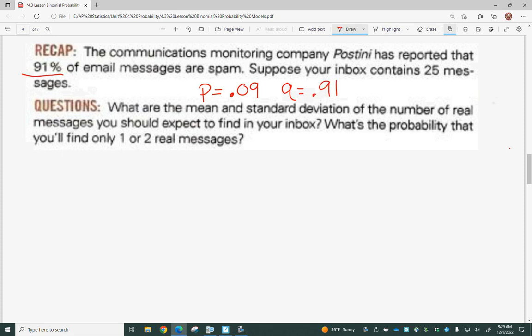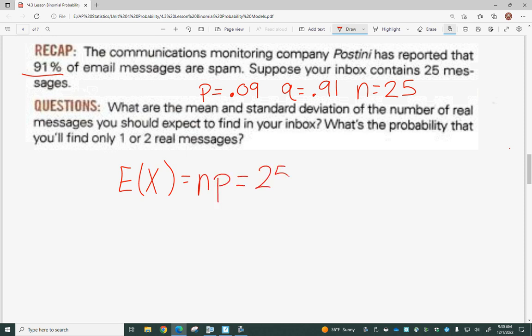This time N is 25. We didn't have an N last time because we were just looking for a first real message. This time we're going to be talking about how many real messages out of 25. And so when we look for our expected value, we're going to take our number of trials and multiply that by the probability of success.